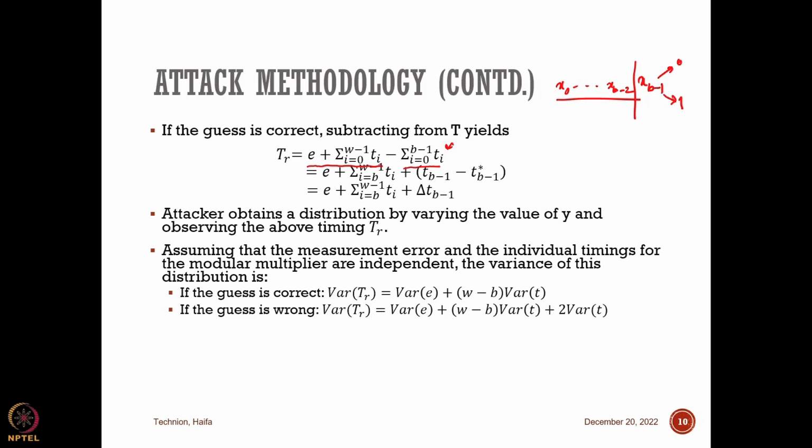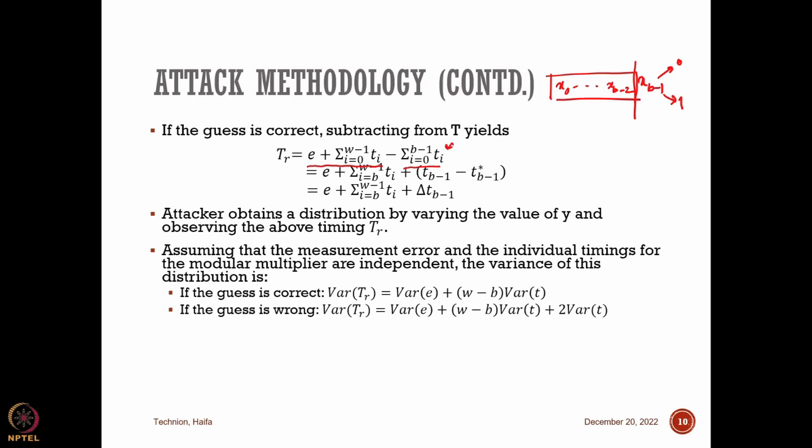Now if you calculate the difference of these two timings, just pay attention here: from 0 to b minus 2 are exactly the same as your target code. I had assumed at the beginning that 0 to b minus 2 are the key bits which you already know.